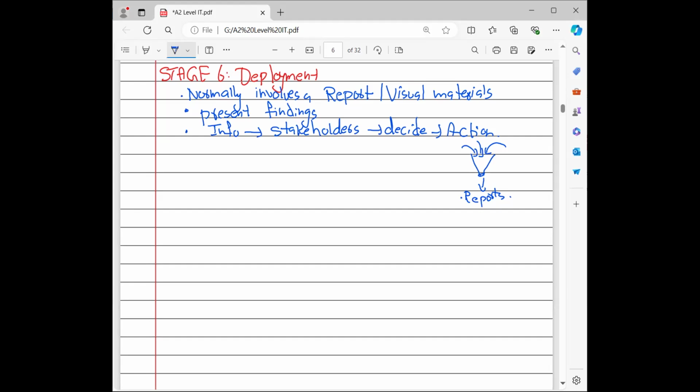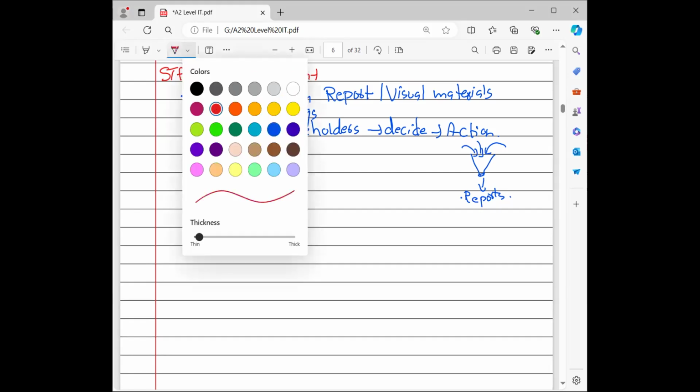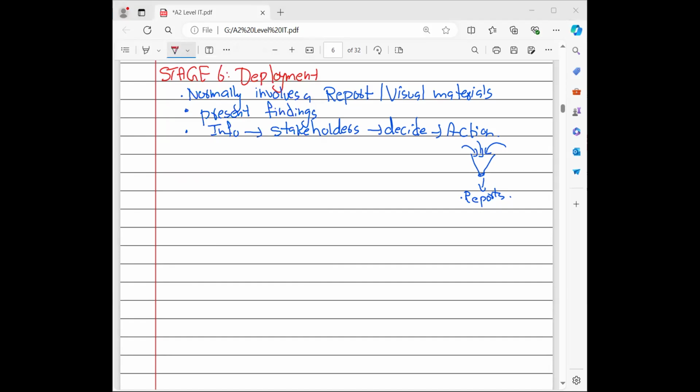Now we need to move on and discuss some of the uses of data mining.